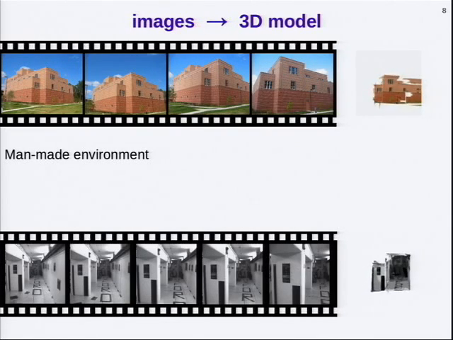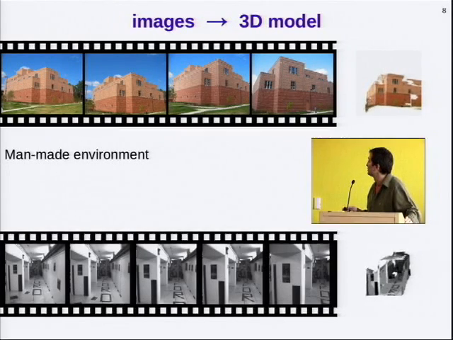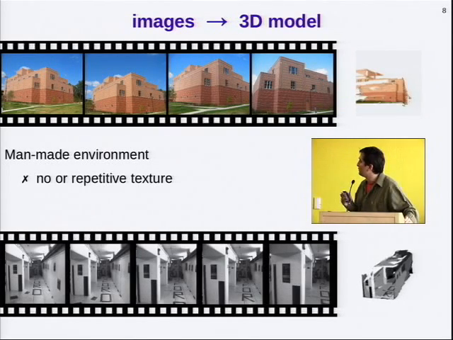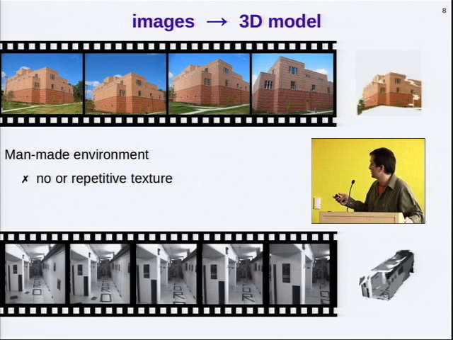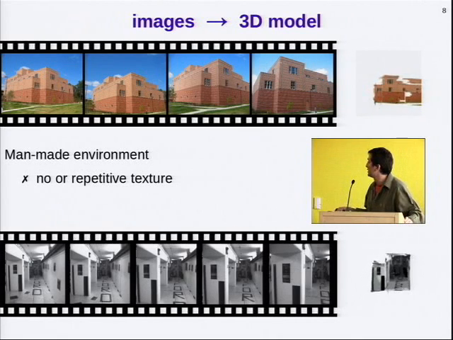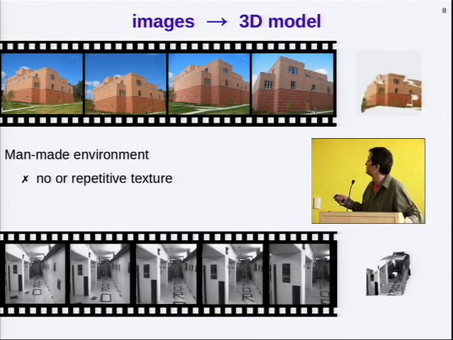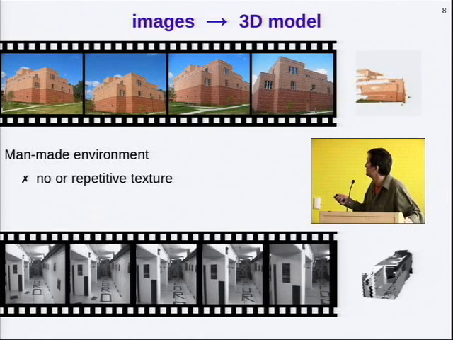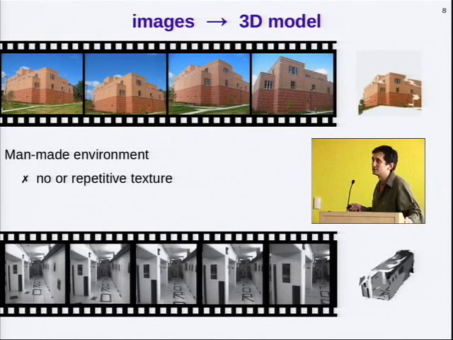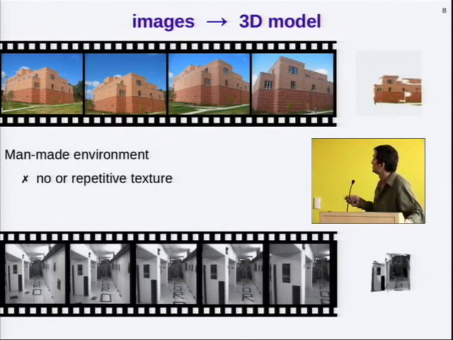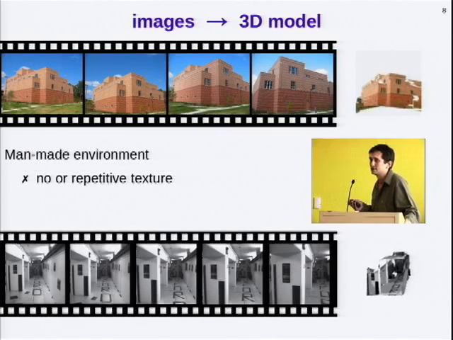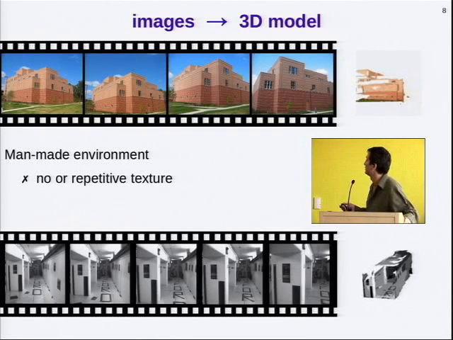This kind of environment is usually very difficult because there is often no texture, as depicted in the images at the bottom, or there is very repetitive structure and texture, as depicted in the images at the top. That's usually the reason why the standard methods fail here.